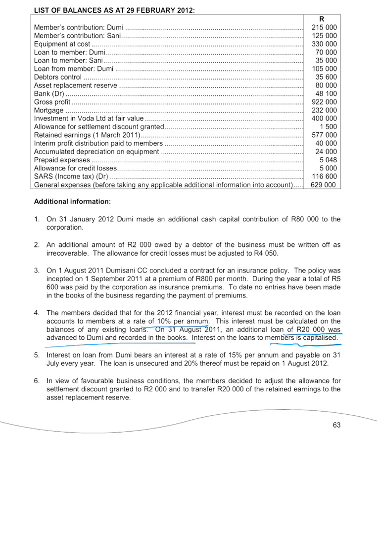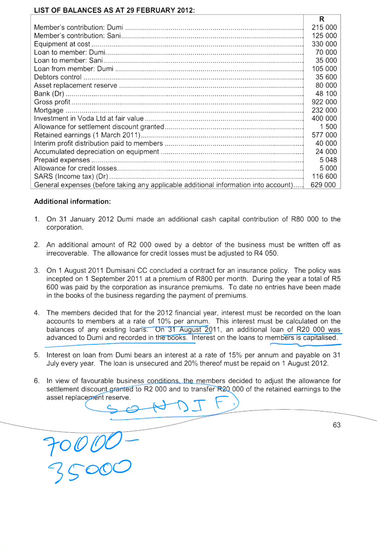So when we are looking at the loan to member, Dumisani had 70,000 at the end of the year, and Usani had 35,000 altogether. But we can see that the 20,000 was received on 31 August 2011, which is how many months there? So it will be September, October, November, December, January, and February. So which is also 6 months.